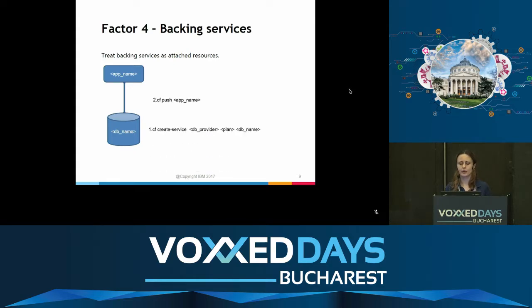Then you can push the application, and there's a very nice command called bind, that binds the application to the database. So by binding your service to your application, you are treating that database as a resource that can change, of course, at your own will.